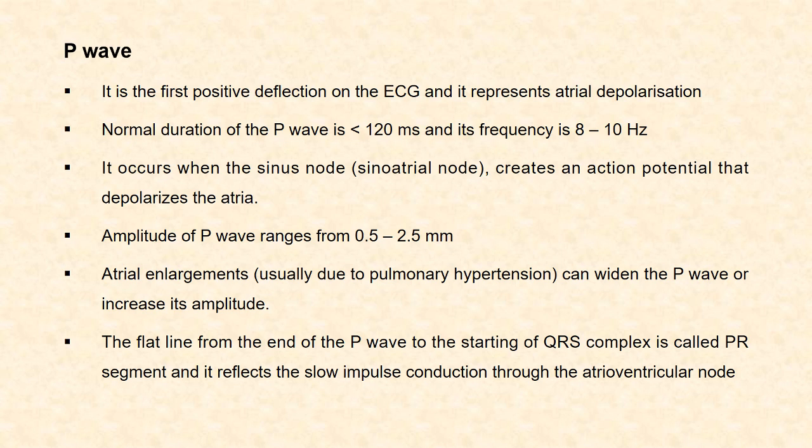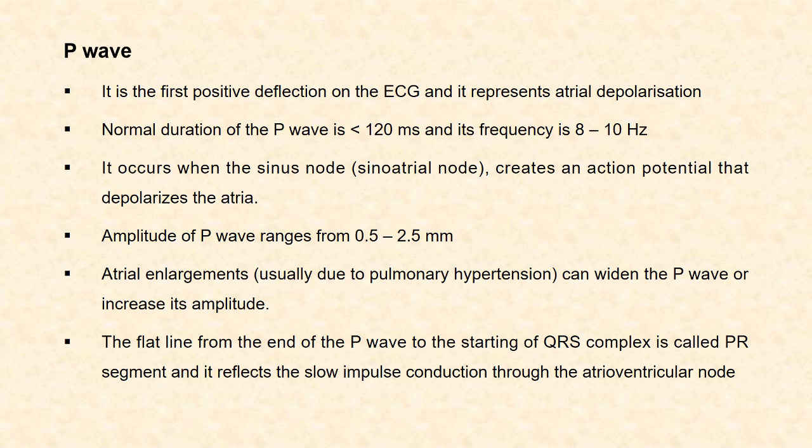This P wave occurs when the sinus node, that is sinoatrial node, creates an action potential that depolarizes the atria. The amplitude of P wave generally ranges from 0.5 to 2.5 millimeter.